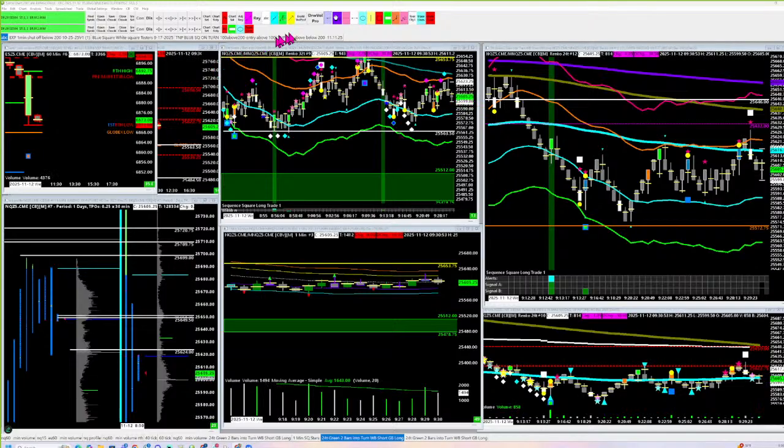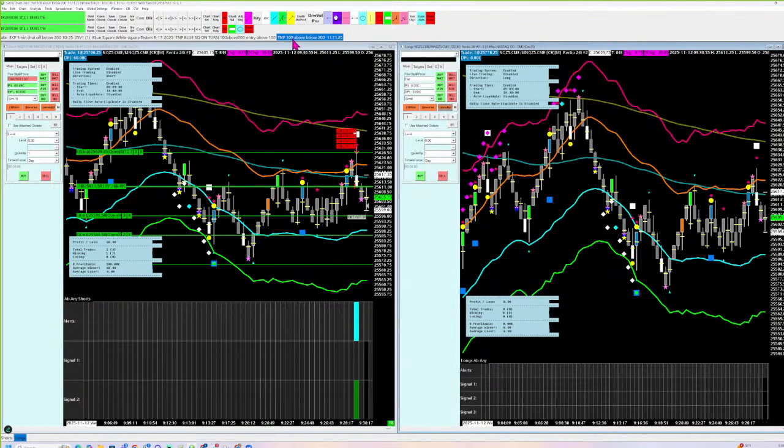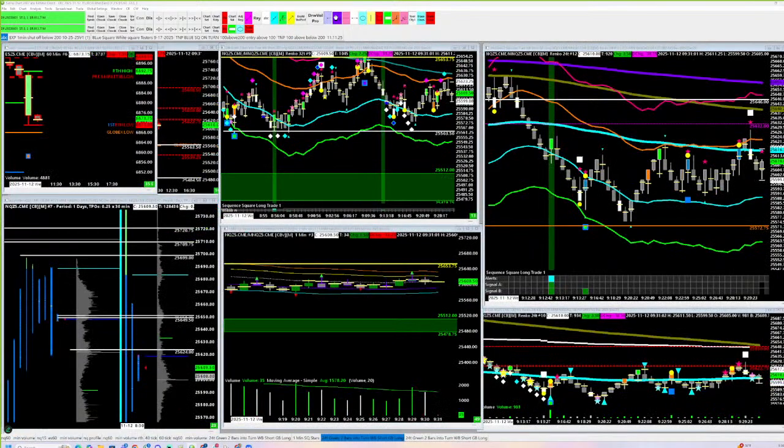That I'll go to the fire sale. Unfortunately, yep, it did. One scale off. There's one that I would manually cover if I could.